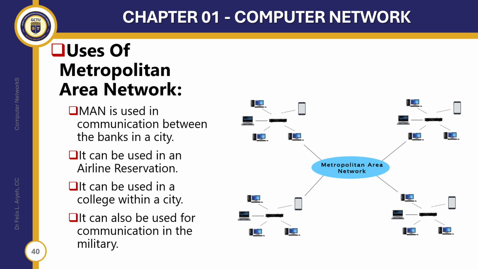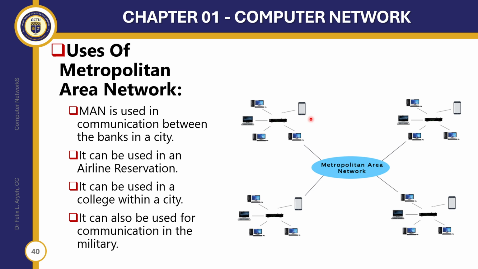So uses of metropolitan area network: it's normally used in communication between banks in cities. Accra is a big place. We can have so many banks, like Ghana Commercial Bank or Fidelity Bank or GT Bank.